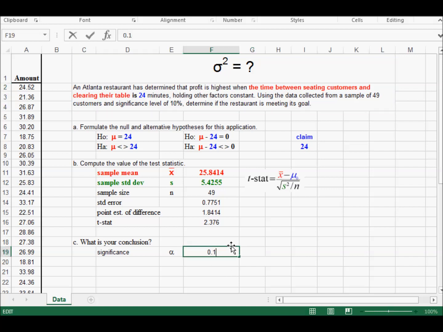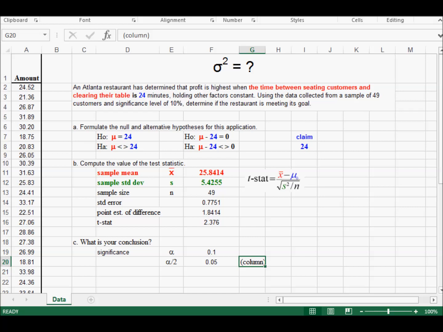So alpha equals 0.1, that's our significance level. We have to divide the significance level by 2 because we have a two-tailed test according to the alternative hypothesis, which means alpha divided by 2 is 0.05.